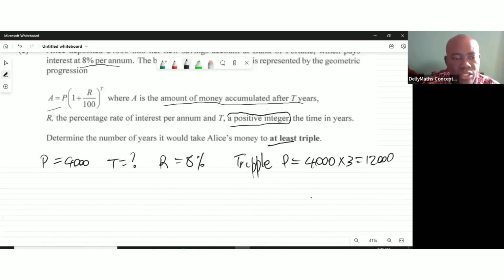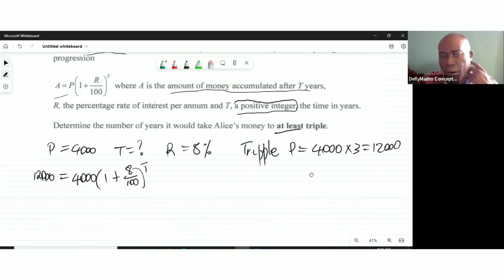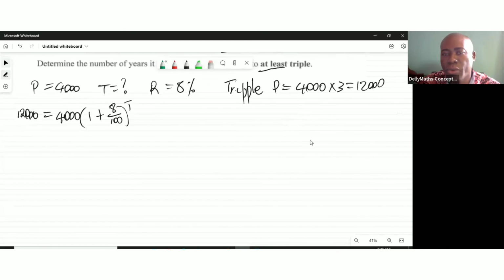The formula was given. So we could start off by setting up this. 12,000, the amount that we intend to see, is equal to 4,000, which is what we're starting with, open bracket 1 plus r, which is 8 over 100, to the power t that we don't know yet. So this is the way forward.